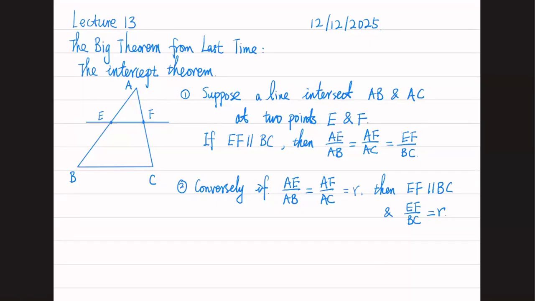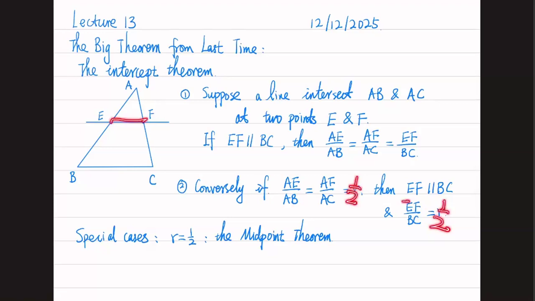Special case: if we replace this by 1/2, then this is also 1/2. It's parallel and it's half of this. If we know this is parallel and the ratio is 1/2, then this is 1/2 of this.